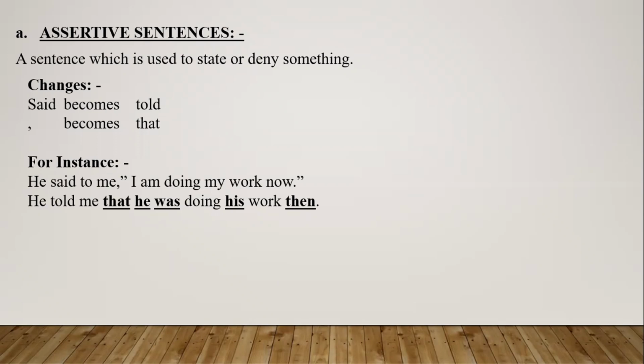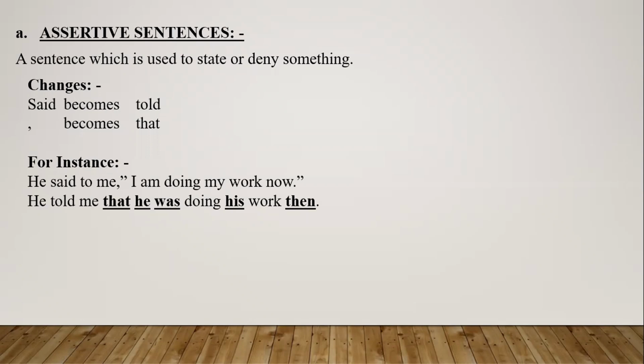So how would we convert it? We have already learned how to change pronoun, tense and other words. Let's go for that. He said to will become told, so he said to me becomes he told me, and we replace the comma with that. You can also see there is first person I. Remember that particular rule as I told you earlier: first person I would be changed according to the subject.